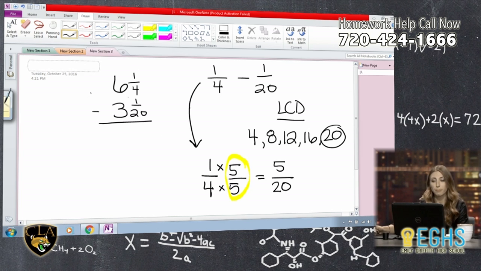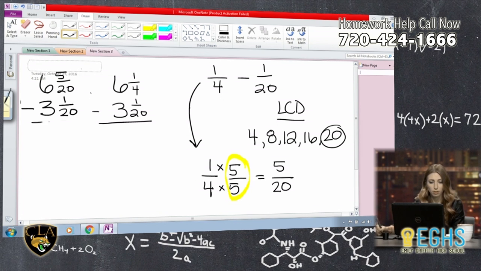So I'm going to rewrite my subtraction problem with common denominators. Instead of 6 and 1/4, I'm now going to say 6 and 5/20, and then take away 3 and 1/20.